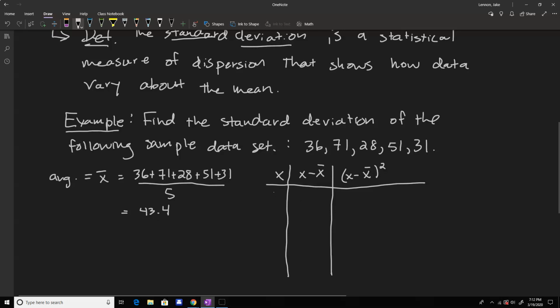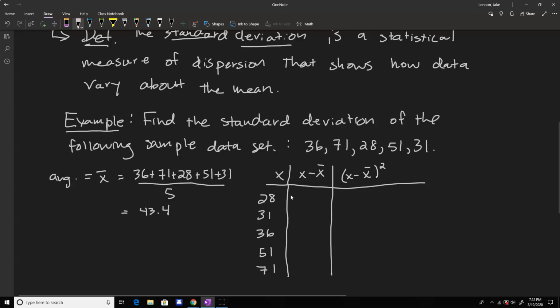So we're going to write down our numbers in the first column. So 28, 31, 36, 51, and 71. And then in this next column, from each of those numbers, we subtract the average.